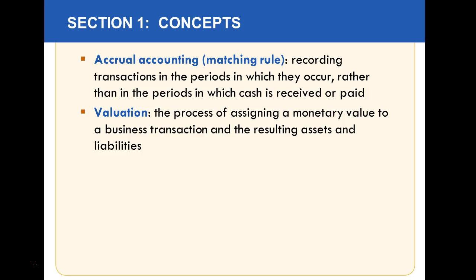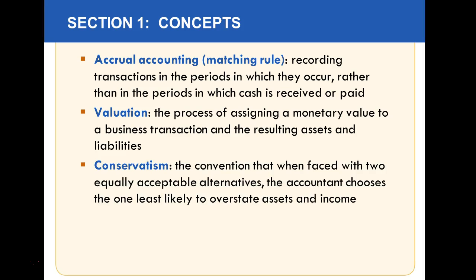We know accrual accounting. We keep talking about that in this class, but it's basically matching income when we earned it against costs when we incurred it. And with this chapter relating to inventory, that accrual method still holds true.